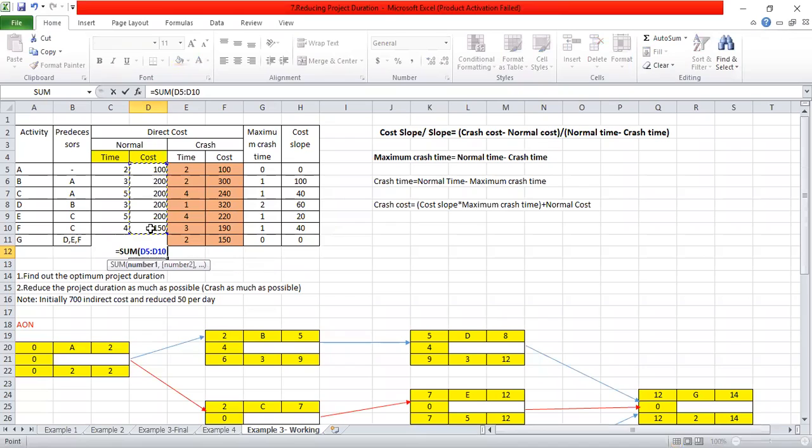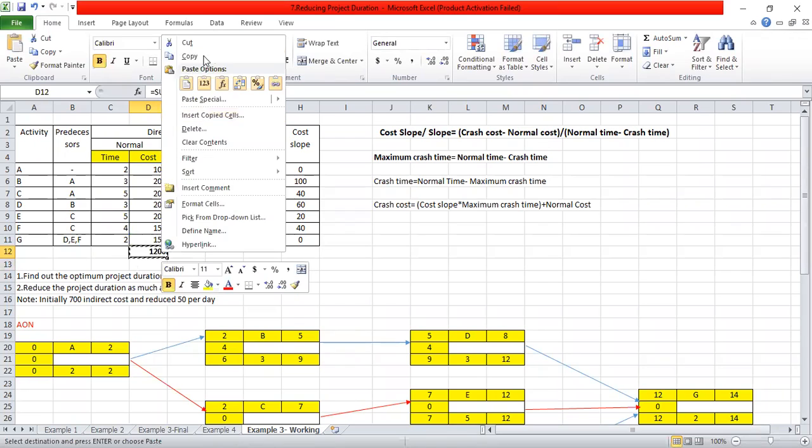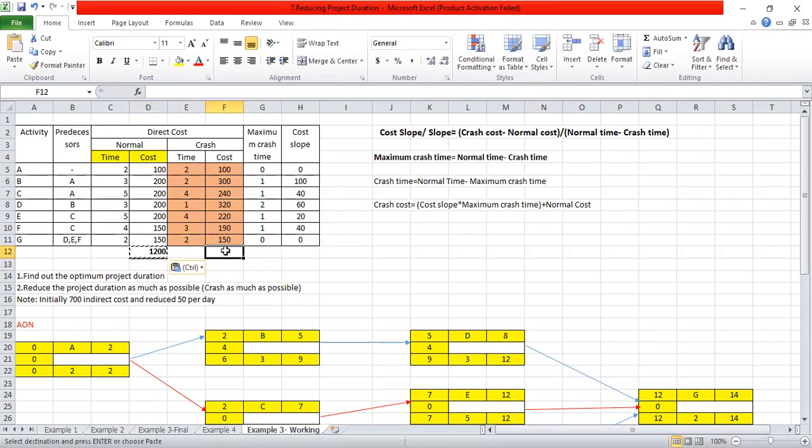So after getting the summation of these normal costs, did you all get the value as 1,200? The normal cost for this project is 1,200. Right. Thank you.